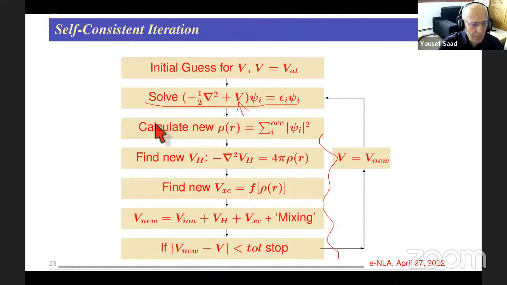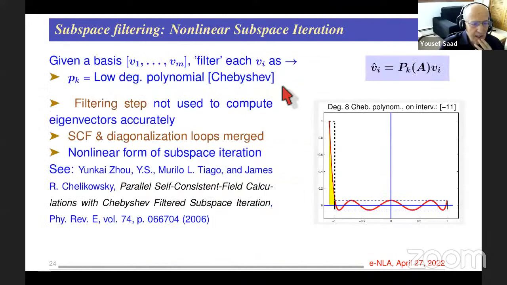Very simple in concept. So now the question you could ask is, is it important really to solve the eigenvalue problem accurately? Can we do something very simple? Can we just replace this operation by a sort of filtering? That's what this is about.